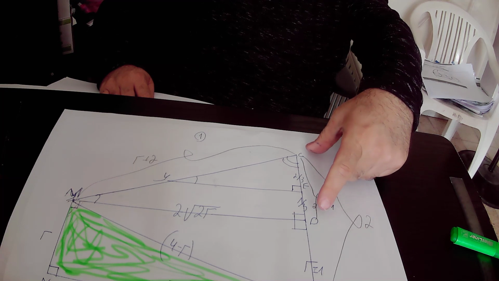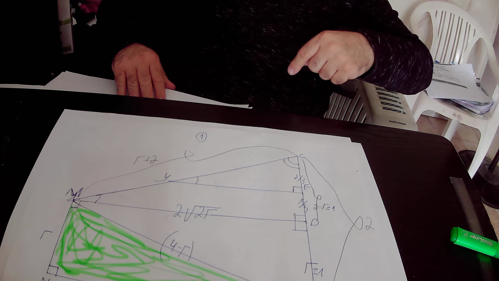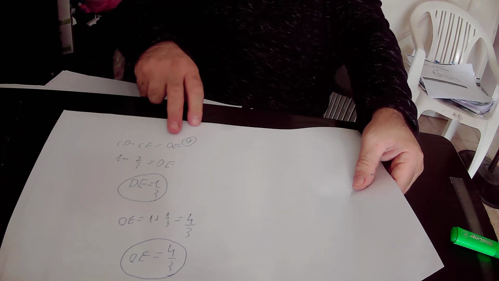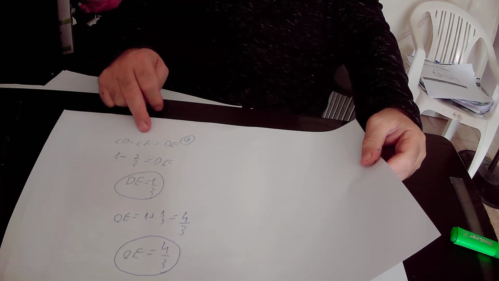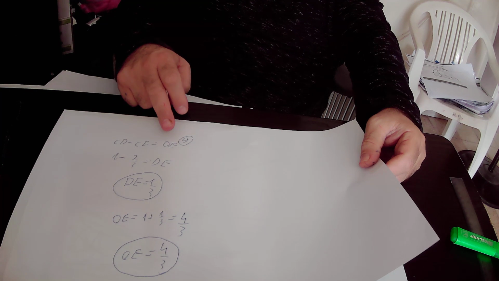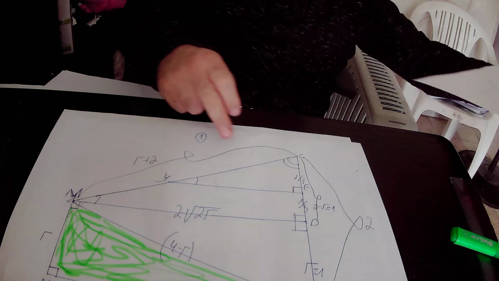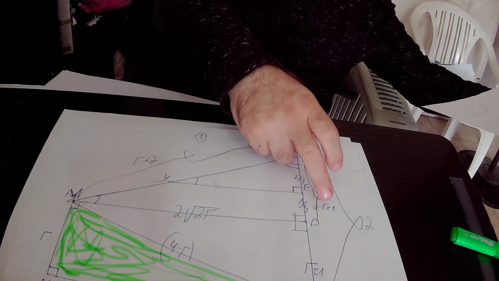Again, CD minus CE equals ED or DE. We know that CD equals 1 unit and CE equals 2/3. Therefore, DE equals 1 minus 2/3, which is one third. DE equals one third, CE equals 2/3, and CD equals 1.